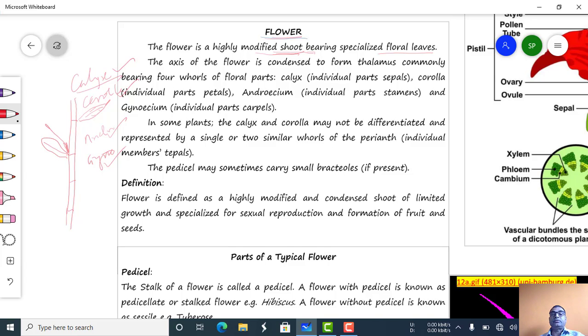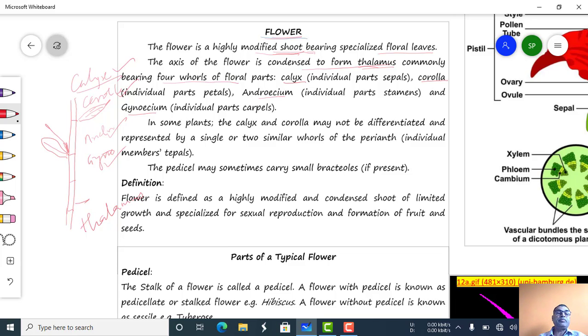The axis of the flower is condensed to form the thalamus. So whatever shoot is present, it is present in the form of thalamus, which is condensed, commonly bearing 4 whorls of the floral parts. One is the calyx, then corolla, androecium, and gynoecium.